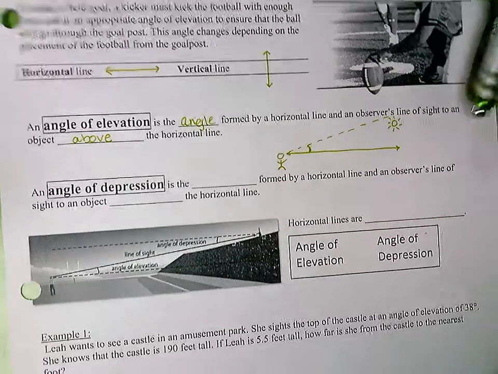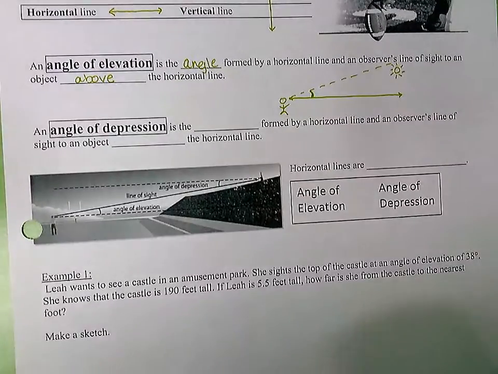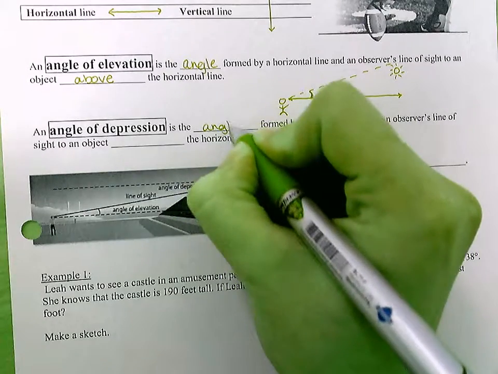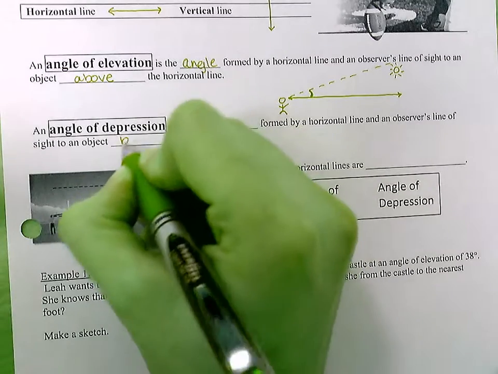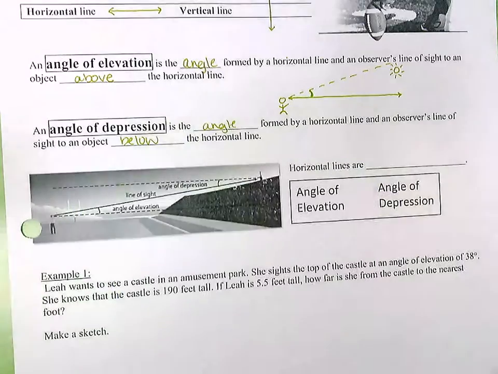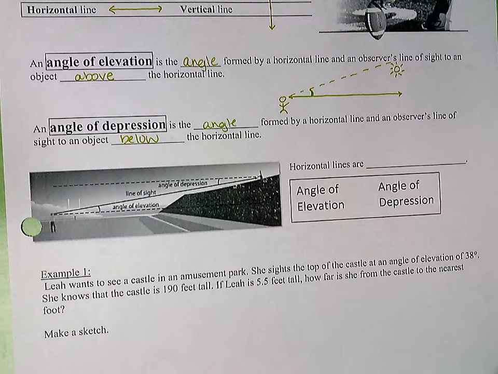Your angle of depression is the angle formed by a horizontal line and an observer's line of sight to an object below that horizontal line. It's very similar to the angle of elevation. Now we're just looking down at something.